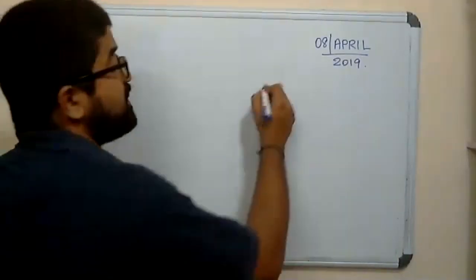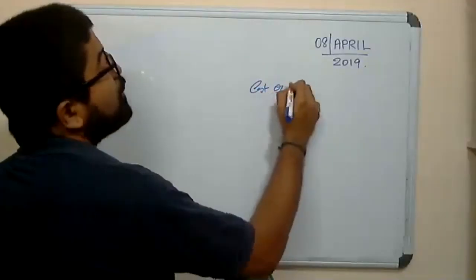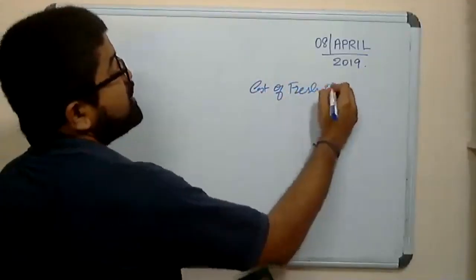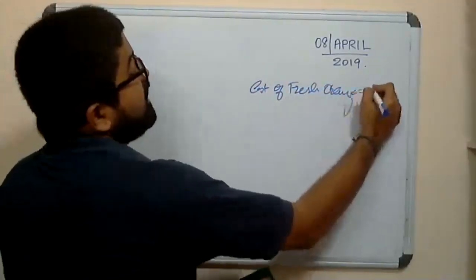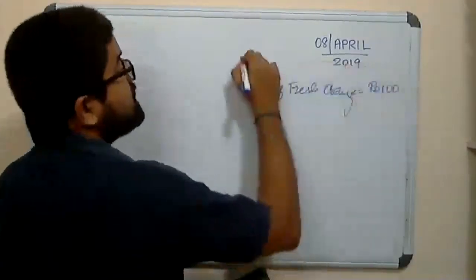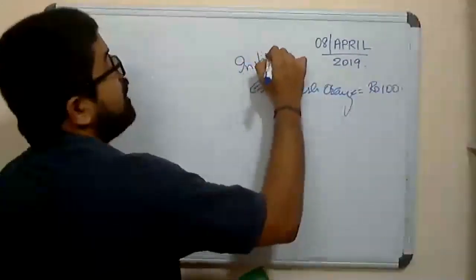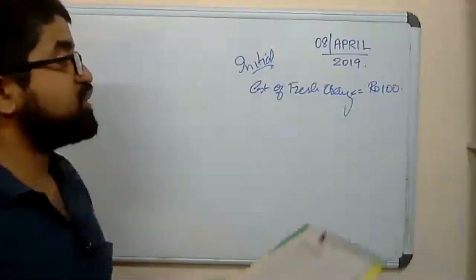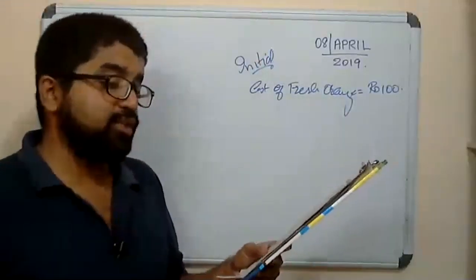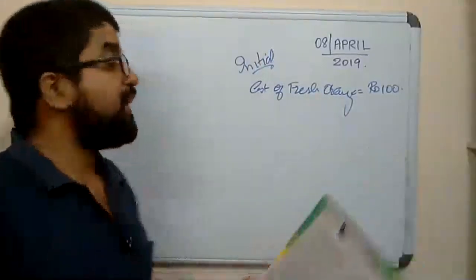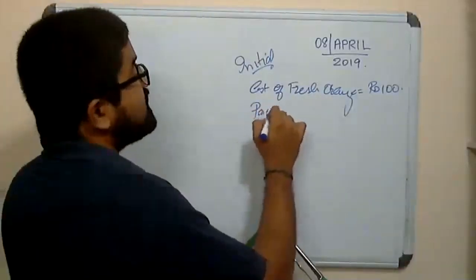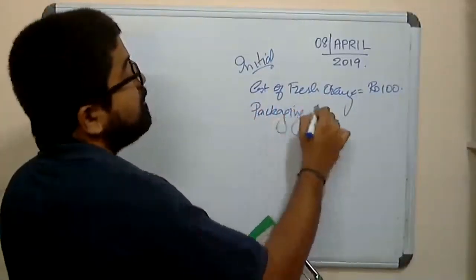So let me assume that the cost of fresh orange be equal to rupees 100. This is the initial case. The cost of packaging, I shall indicate here as packaging cost.